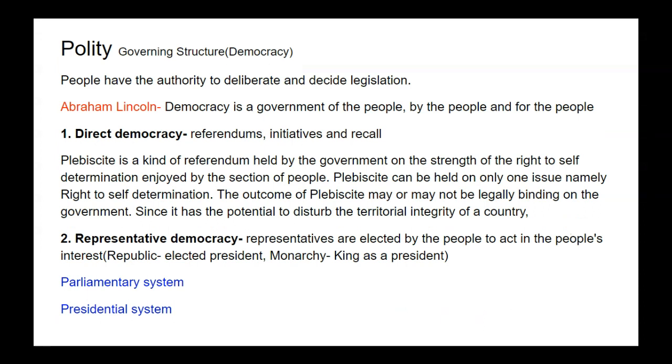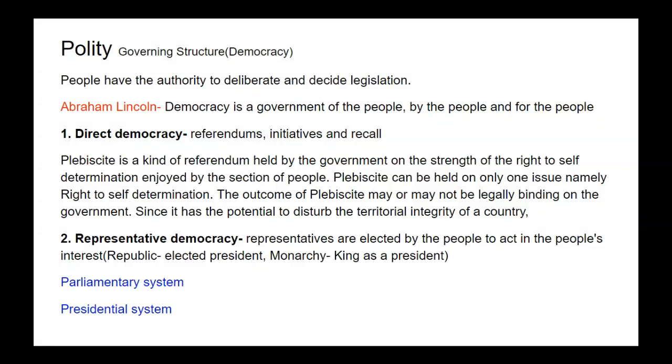In democracy there are two kinds of democracy. One is direct democracy and another one is representative democracy. In direct democracy there are tools named referendum, initiative, and recall. And plebiscite is a kind of referendum held by the government on the strength of the right to self determination enjoyed by a section of people.